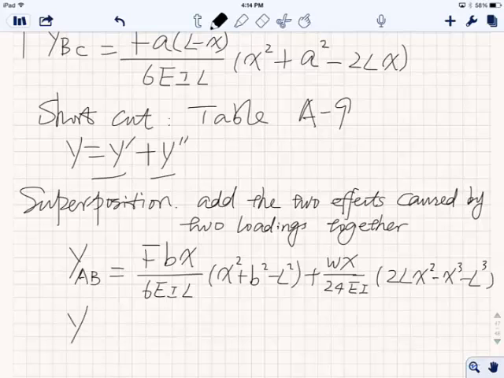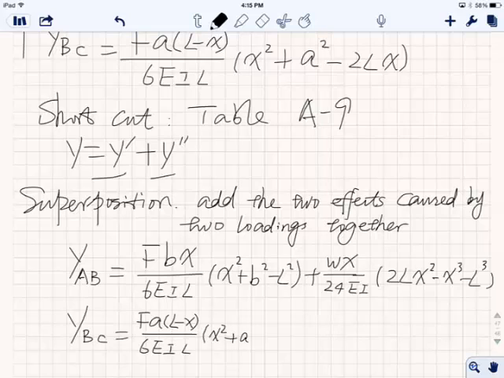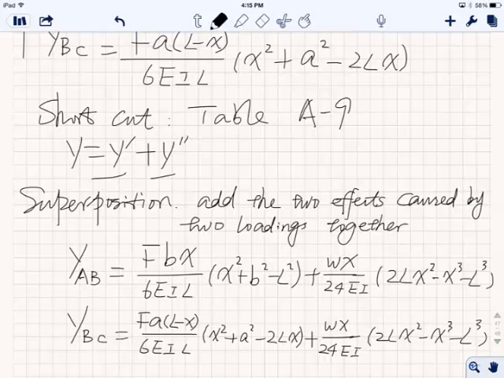All right, so y_BC, it's the same: F a (L minus x) divided by 6 E I L times (x squared plus a squared minus 2 L x), plus w x divided by 24 E I times (2 L x squared minus x cubed minus L cubed). All right.